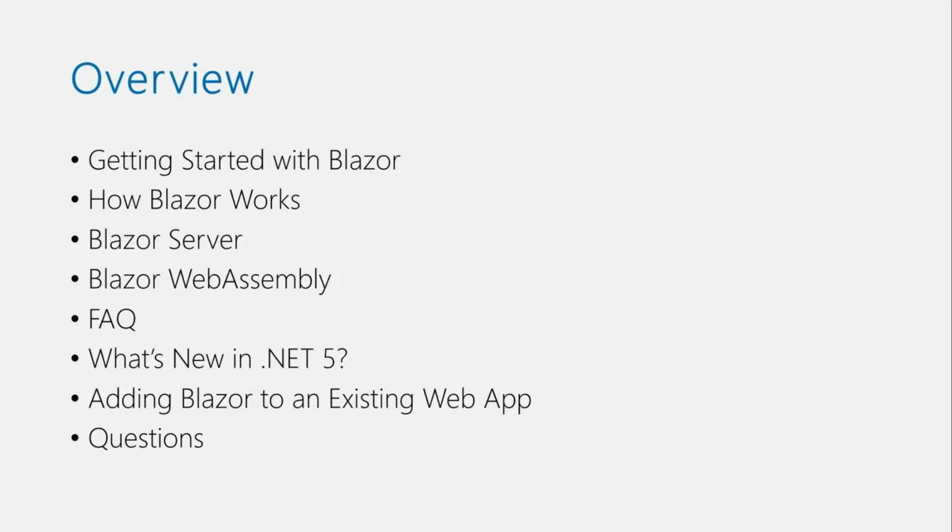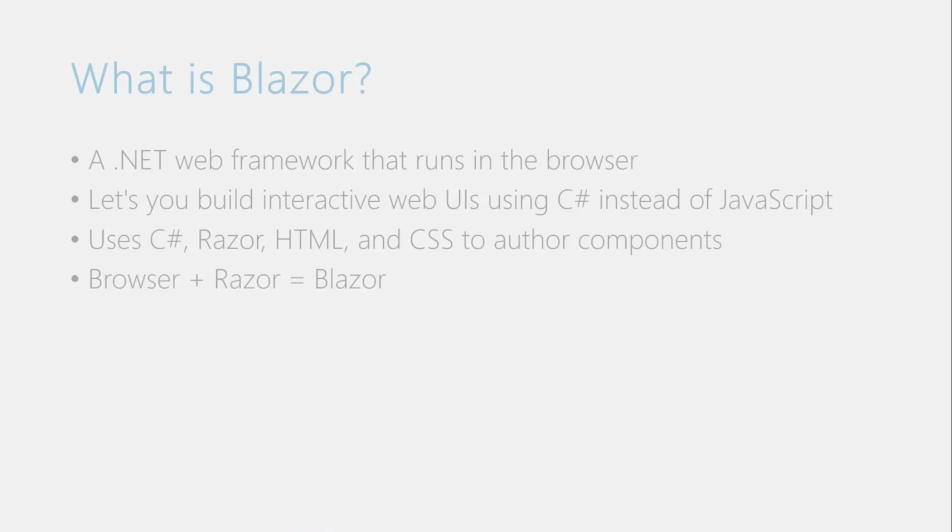Then hopefully if we have time, we will look at a quick example of me adding a Blazor component to an existing web app that's written in ASP.NET MVC. So then at the end, if we have any time for questions, I'll be able to do that. But we've got a lot to cover in 55 minutes.